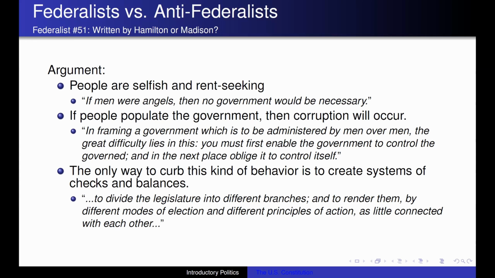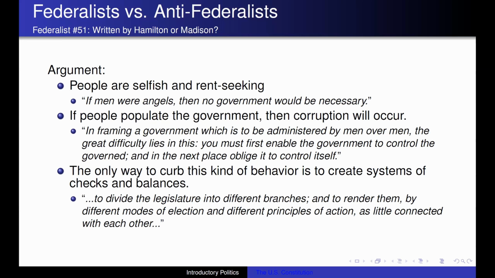Hamilton's basically making the claim here that government in and of itself is not what causes corruption. Government is not corrupt. It's the people who operate within government that corrupt the government. So government becomes a means to an end.